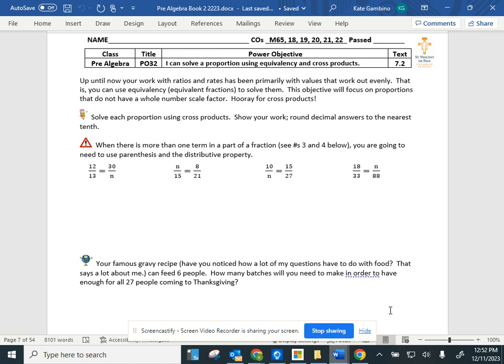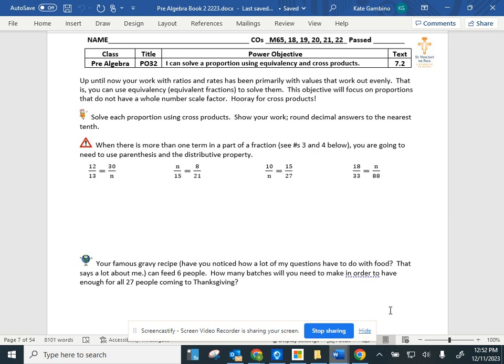So up until now, your work with ratios and rates has been primarily with values that work out evenly. That is, you can use equivalency, equivalent fractions, to solve them. This objective will focus on proportions that do not have a whole number scale factor.